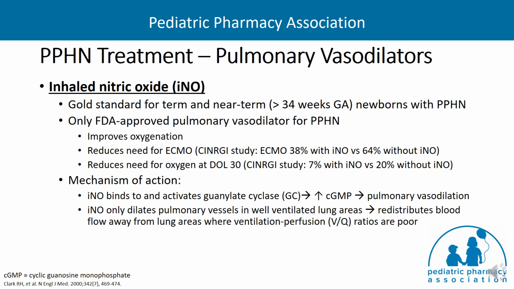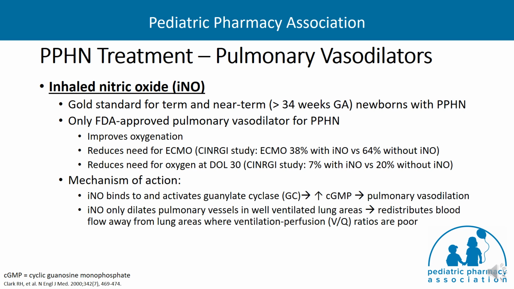Studies have demonstrated that iNO improves oxygenation and decreases the need for ECMO therapy in newborns over 34 weeks gestation with diverse causes of PPHN. Outcomes with iNO in PPHN greatly improve, including a reduction in the need for ECMO and a reduction in the need for oxygen at 30 days of life.